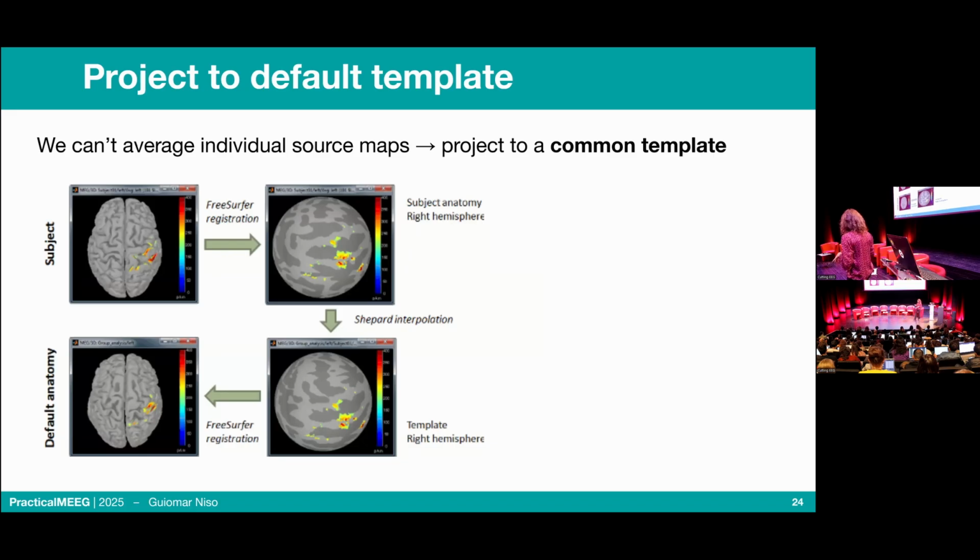That's why a usual, extended approach is to project the activation of a participant's individual brain into a sphere, and this sphere is mapped into a common template, and then warp it again into a default template. That way, we can project all the individual brains of all our participants into a common template, and then you can easily average, because now we have mapped all the activation into the respective regions.